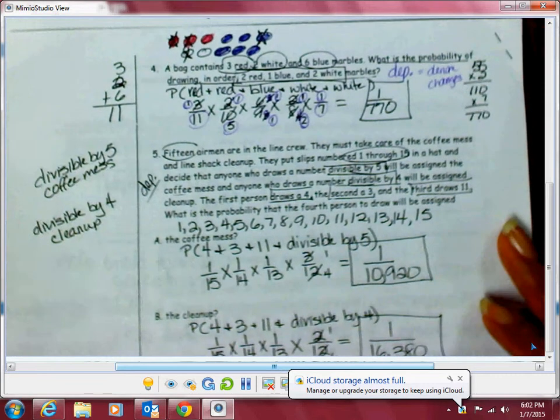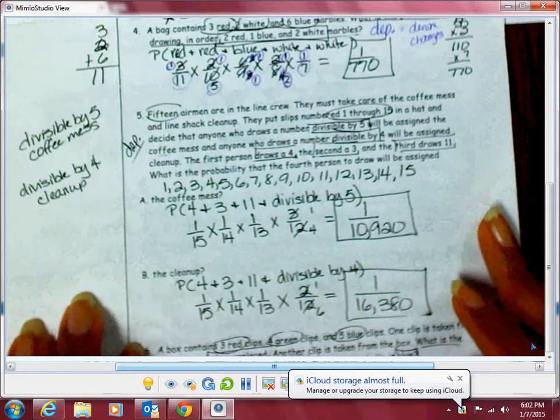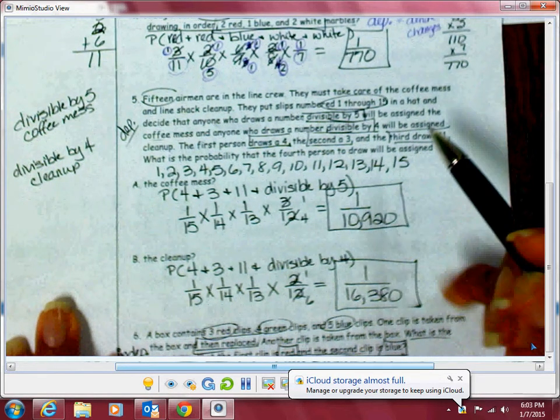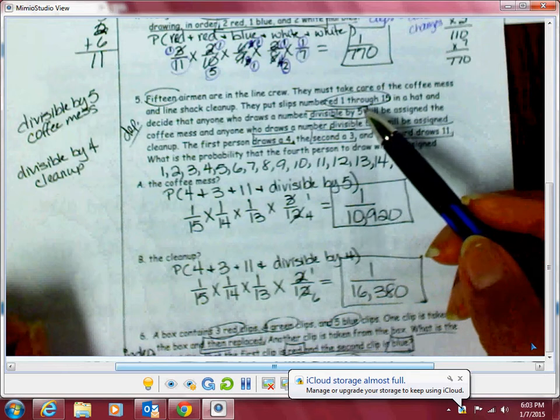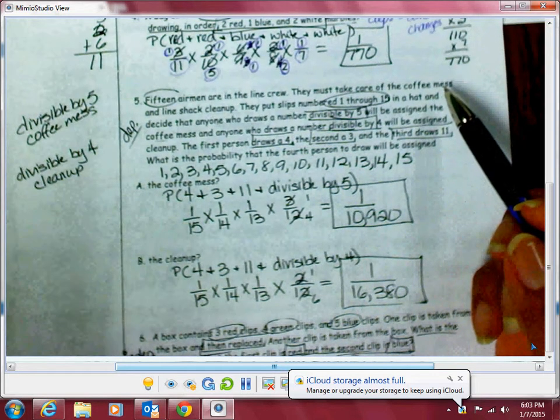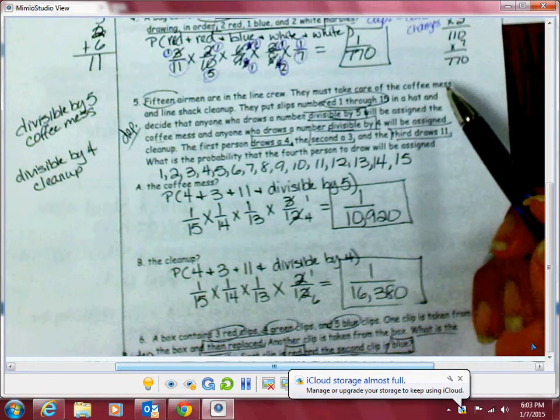Okay, number 5. We had the 15 airmen, and they put 1 through 15 in a hat and decided whoever drew divisible by 5 would get the coffee mess, and whoever drew one divisible by 4 would get the cleanup.